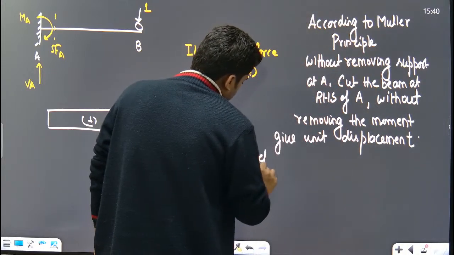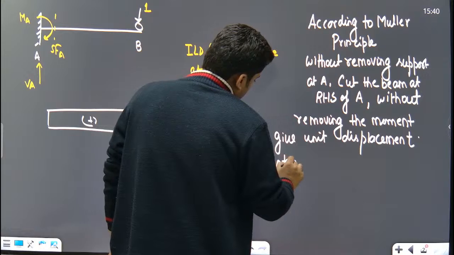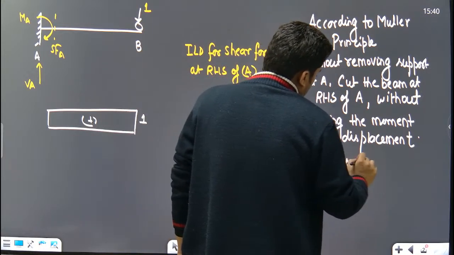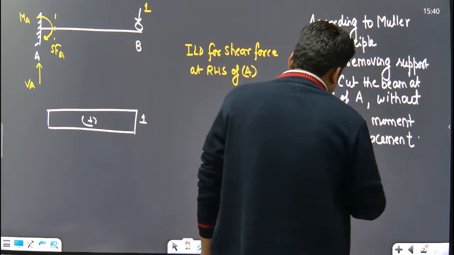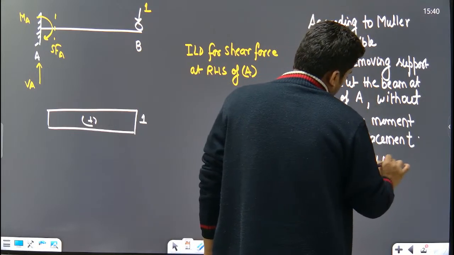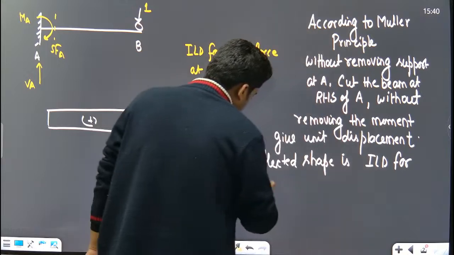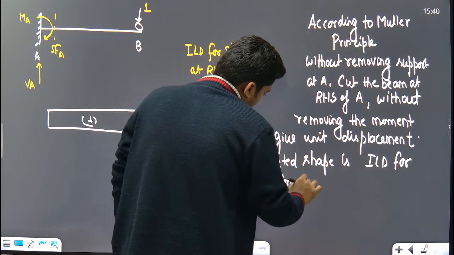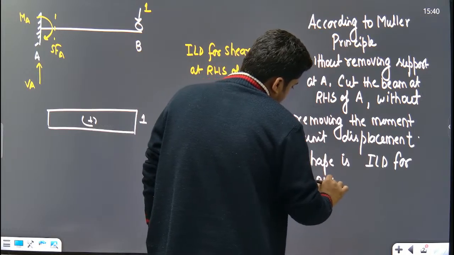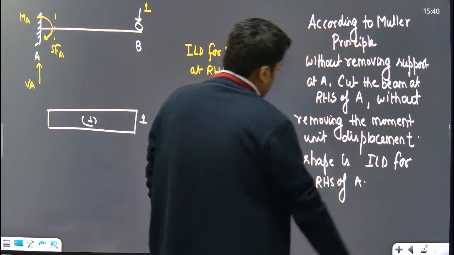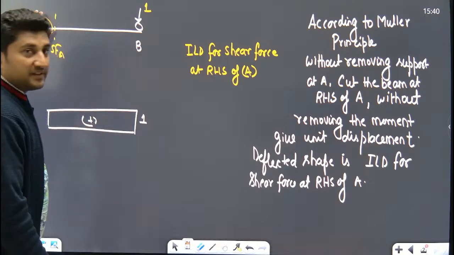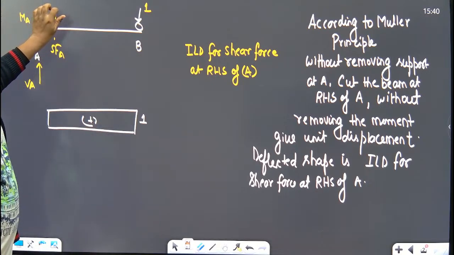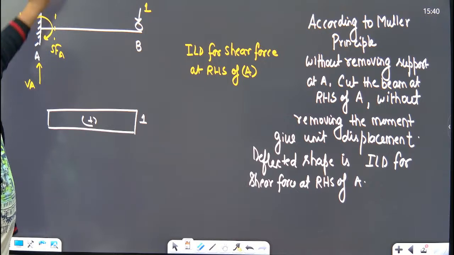The deflected shape is the ILD for shear force at RHS of A. So without removing the support, cut the beam at RHS of A. Then, without removing the moment, give the unit displacement.